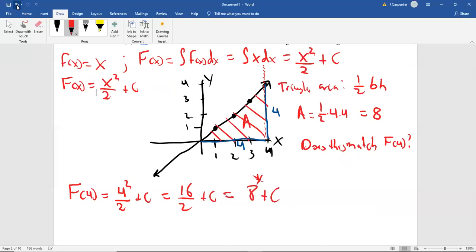The fact that this is an 8 and this is an 8 means that we're probably on the right track. So again, note c becomes irrelevant. It's not going to matter.